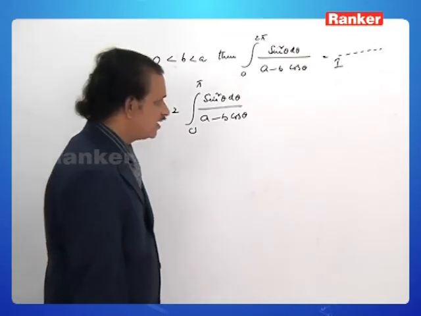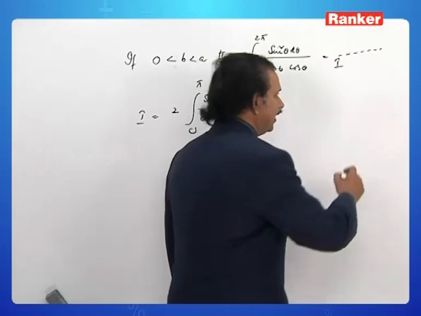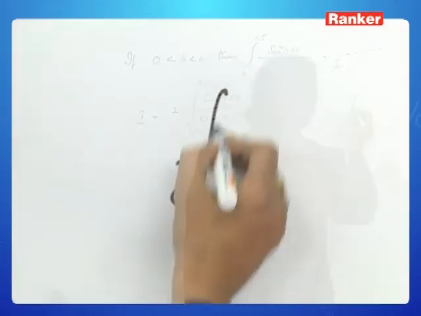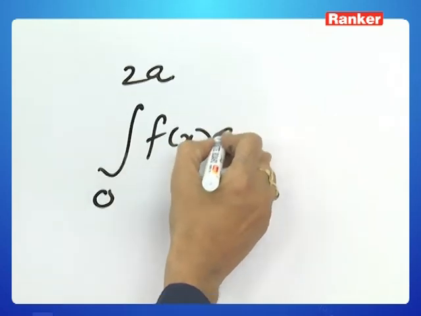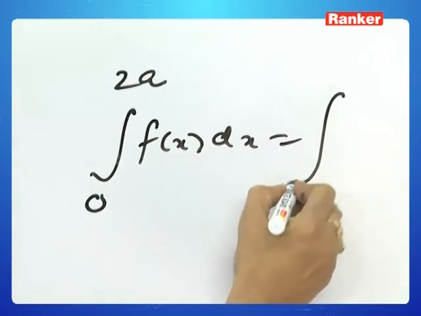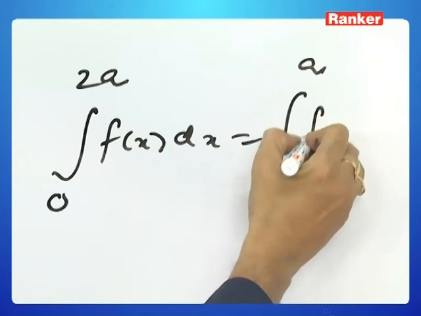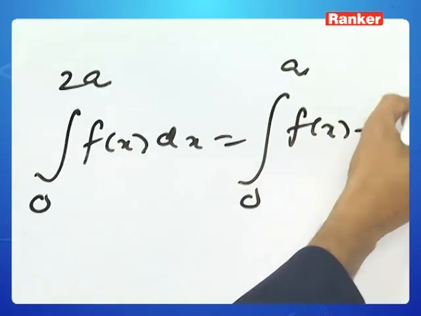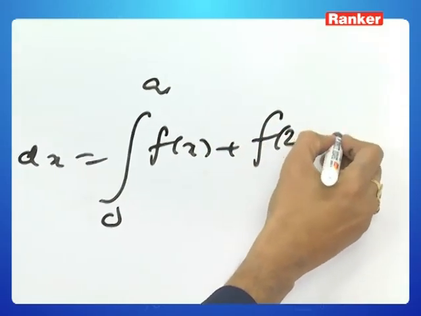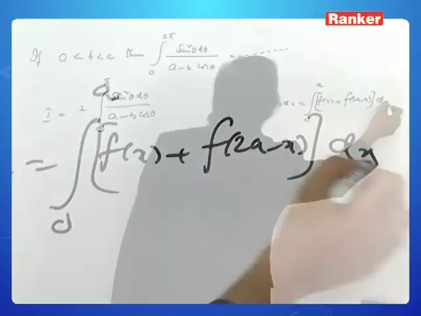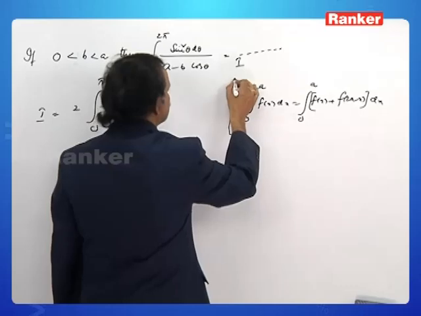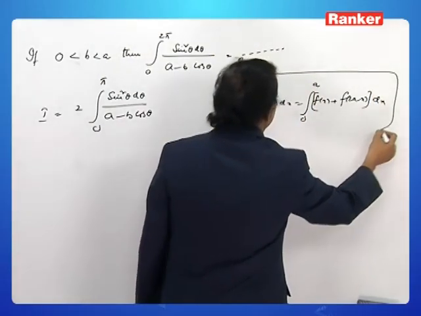Now this is the right time for us to use the formula again. Integral 0 to 2a f of x dx is equal to integral 0 to a f of x plus f of 2a minus x dx. I think you can recollect that. It is one of the most standard formulae.